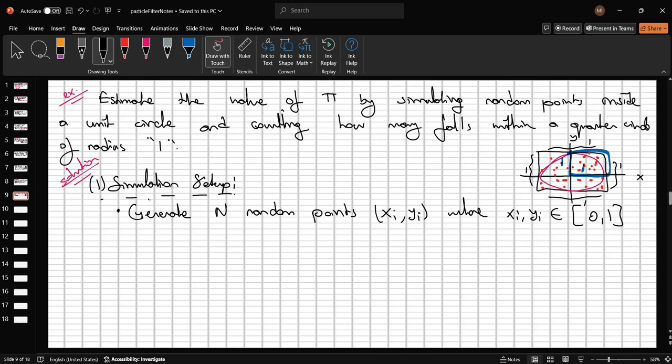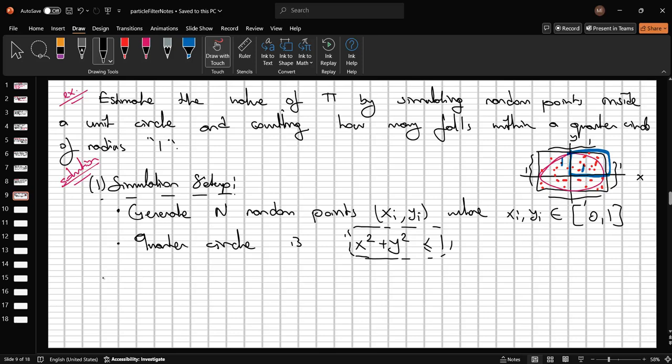We generate this one, and after that we need to build the quarter circle, just like this one. x squared plus y squared must always be smaller than 1. This is the formulation of the quarter circle.